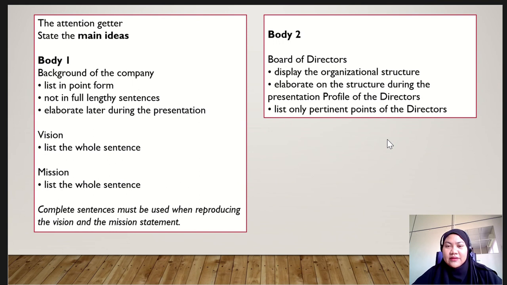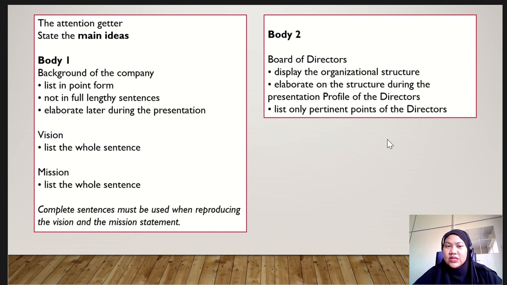Perhaps there's a story to the foundation, things like that, in the first slide. And then you may want to include the vision and mission of the company. Usually, for this one, some companies are quite tricky. They do not clearly state the vision and mission. So you have to be very careful when selecting your company.